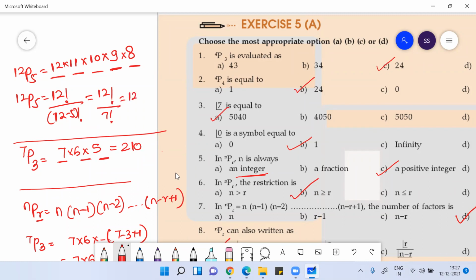So 12 into 11 into 10 into 9 into 8. You are getting it, right? So instead of wasting 2 steps here, I told you the direct way to get the answer. Fine. Anyone, any doubt?